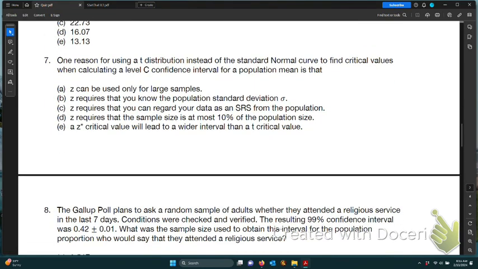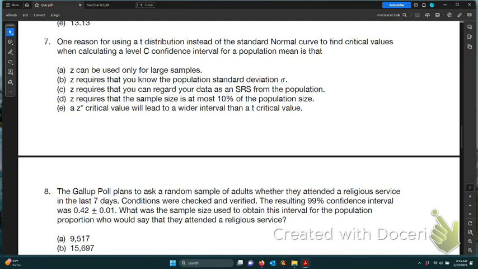Why are we using a t distribution instead of a z distribution when we are doing a means problem? It all comes down to this one little thing, you guys. Z requires the population standard deviation for a means problem.